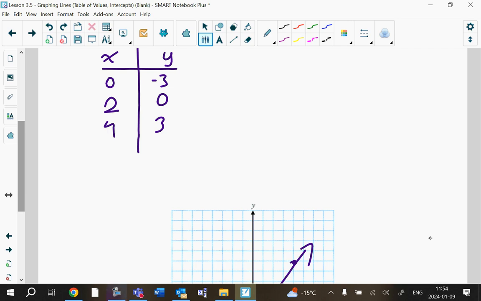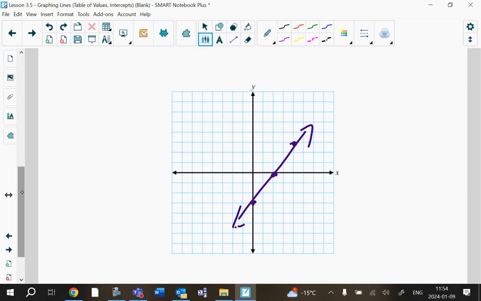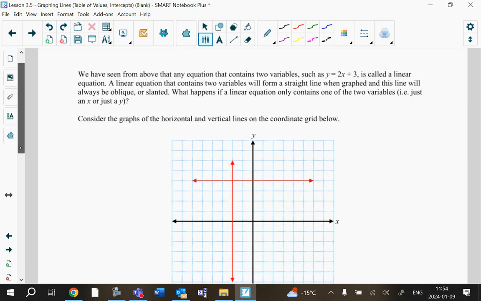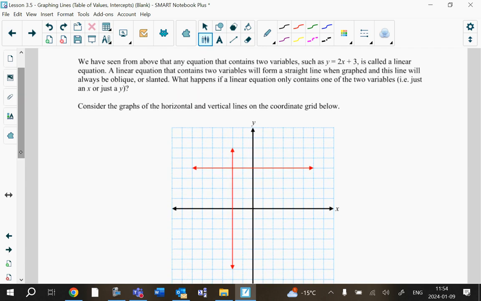Okay, the last thing I want to talk about in this one, even though we won't finish the lesson quite today. All of those equations had an x and y in it. All of those equations, when we graphed them, not only were lines, but they were all slanted lines.